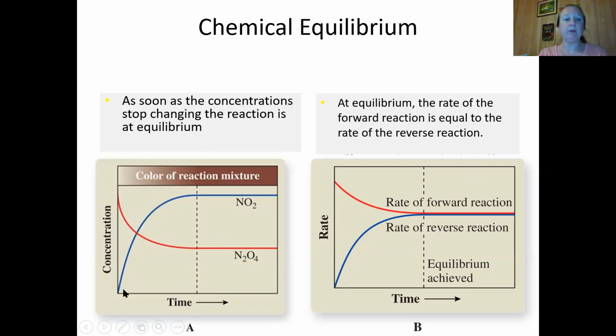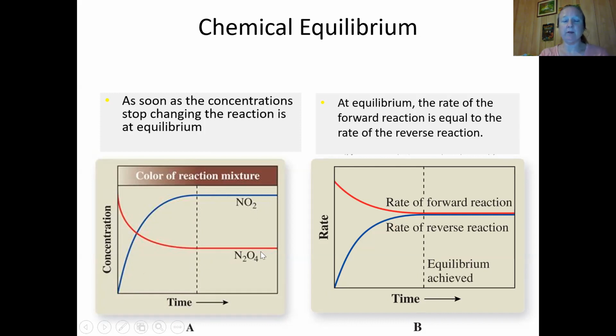Your concentration, at the beginning, you had no nitrogen dioxide. You had only pure N2O4. So as this decomposes, the concentration decreases, right? And as it decreases, your nitrogen dioxide, your product, increases. When you hit equilibrium, so at this point, this is the same time point, again, you have a plateau of your concentration amount.